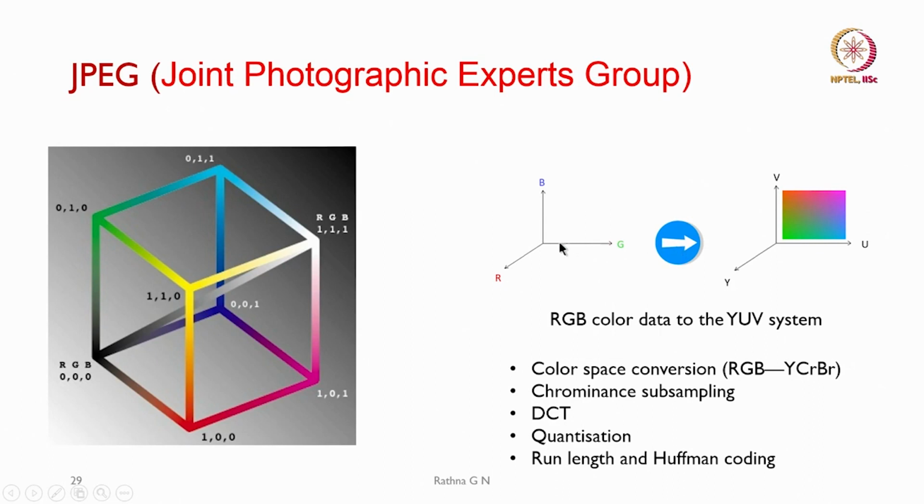We can go from one domain to the other, here in the YUV format, where the illuminance is represented in the Y. We said we will do the color space conversion into illumination and chrominance, taking both CR and CB.